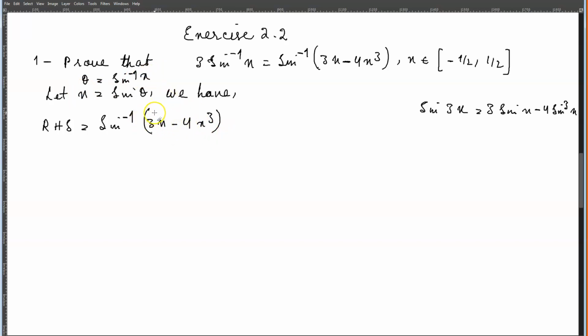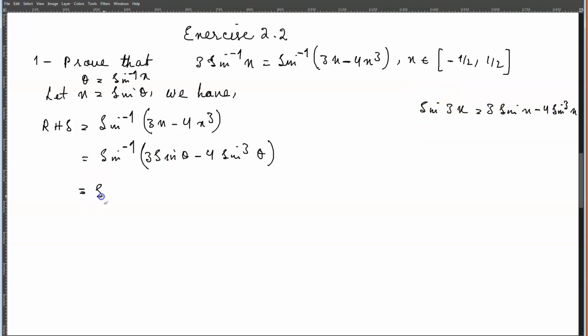So now I can write this as the sine inverse of 3 times sine theta minus 4 times sine cube theta, and 3 times sine theta minus 4 times sine cube theta is equal to sine 3 theta.